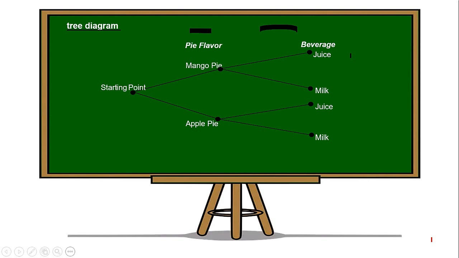By tracing the paths of each branch, there are 4 possible outcomes. And what are they? Mango pie and juice. Mango pie and milk. Apple pie and juice. Then apple pie and milk.